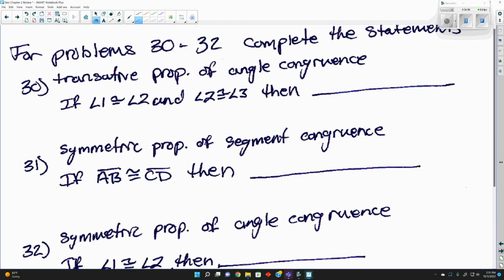So if angle 1 is congruent to angle 2 and angle 2 is congruent to angle 3, then angle 1 is congruent to angle 3. So this one here, we're doing almost the same thing, but this time we're talking about congruency, not equality. Any other questions on 30, 31, or 32? I don't have a question. Okay.